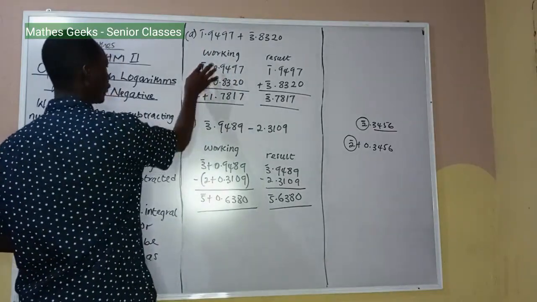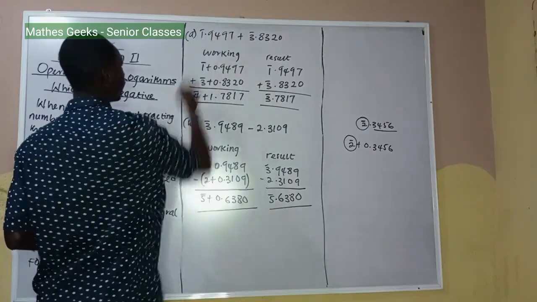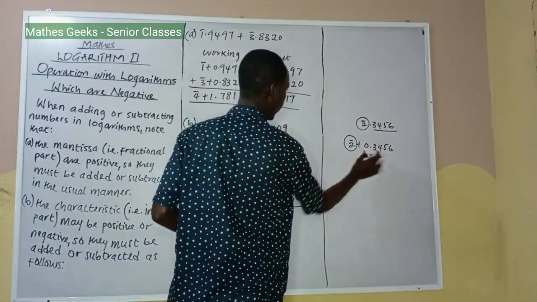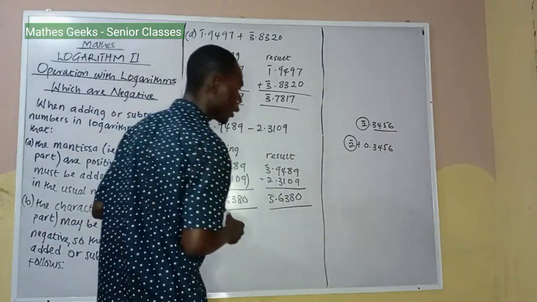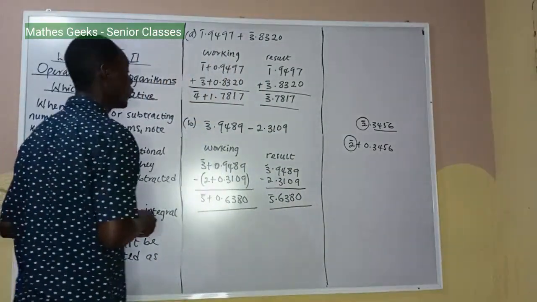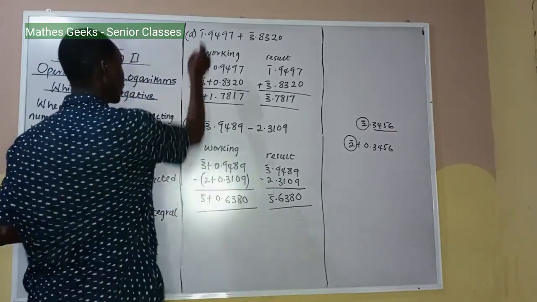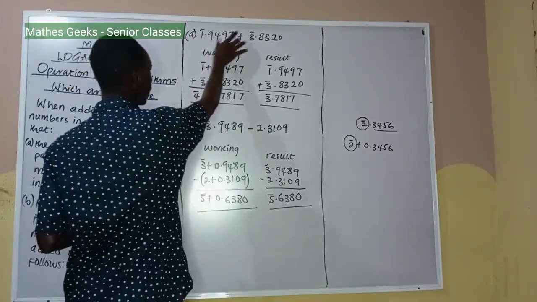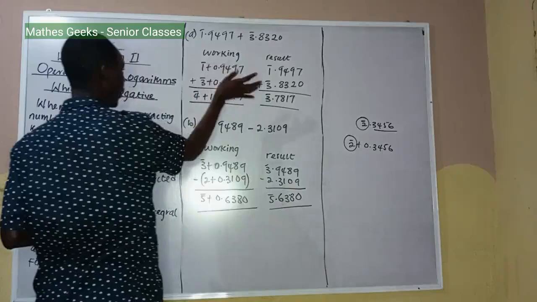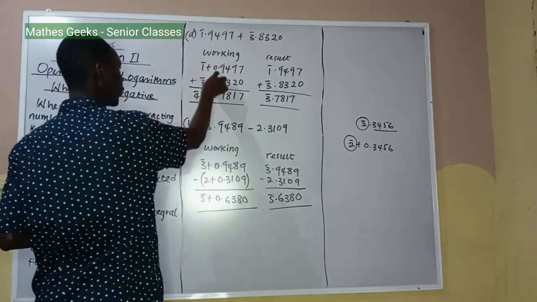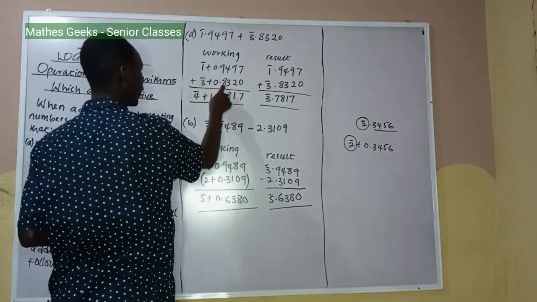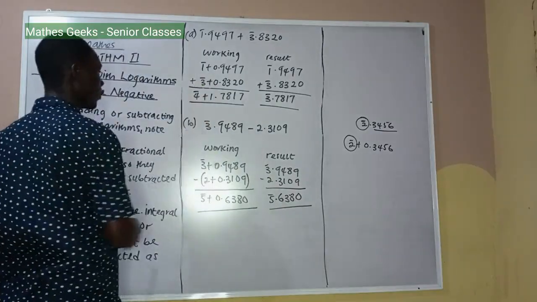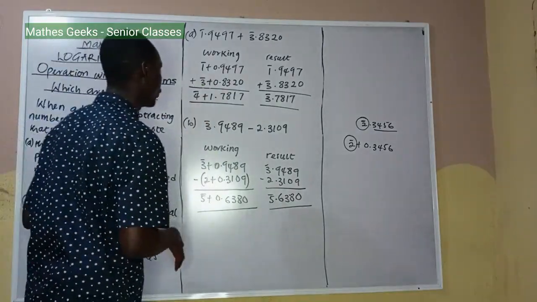So we split bar 1.9497 into this form, where we can show that only the characteristic is negative. In some cases it's positive, but in this case it's negative, and the mantissa is positive. So we have bar 1 plus 0.9497. Same thing here, bar 3 plus 0.8320. Once we do it this way, we can proceed with our addition the usual way.